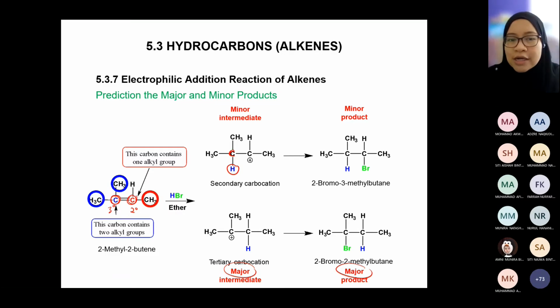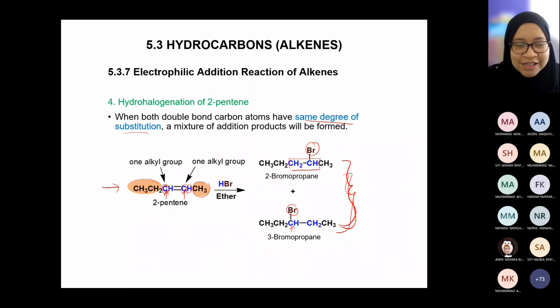Go for the secondary or tertiary. Because that will be the sole product formed, the only product formed in the reaction. Sebab apa? Primary is very unstable. Okay? So kalau dia tertiary dengan secondary, dia ada major and minor. Kalau dia case yang sama, maksudnya ni, you tengok ini kan secondary. Ini pun secondary.